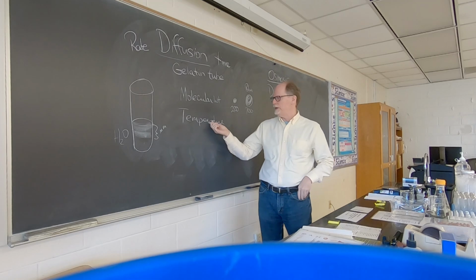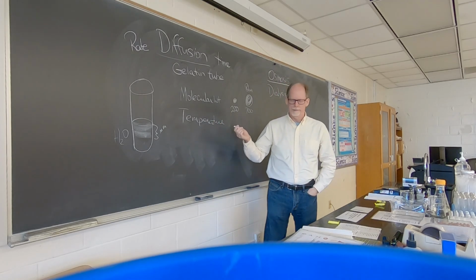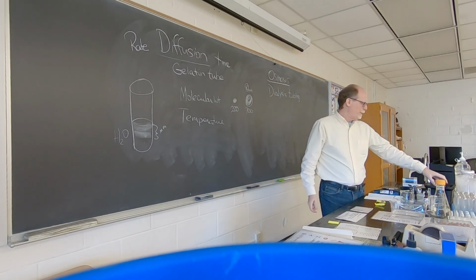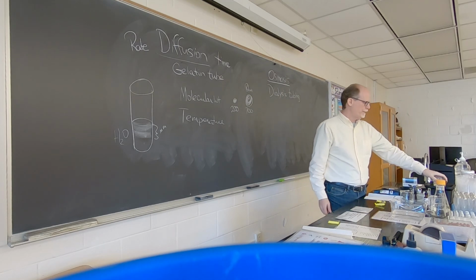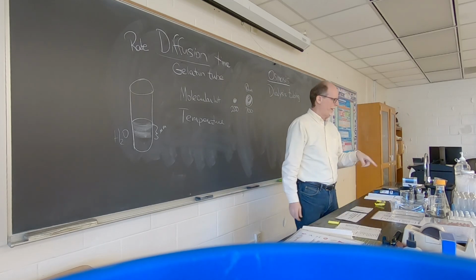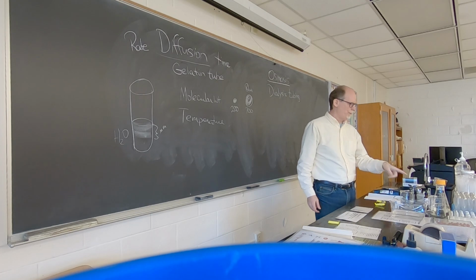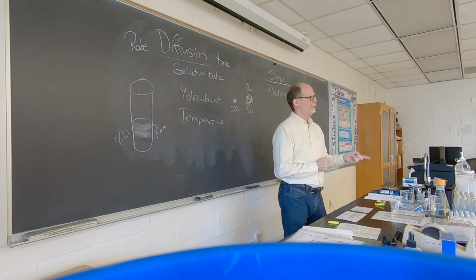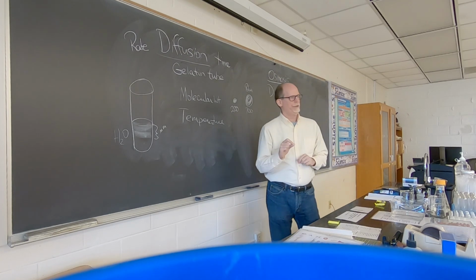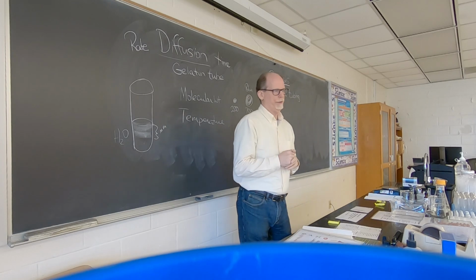Now what do you think? What would temperature affect? If we put these tubes for an hour on ice and added the dye, and then compared the ones on ice to the ones at room temp. What do you think? It'd slow them down. Yeah, right, because it's colder. The colder the temperature, the slower things are moving.